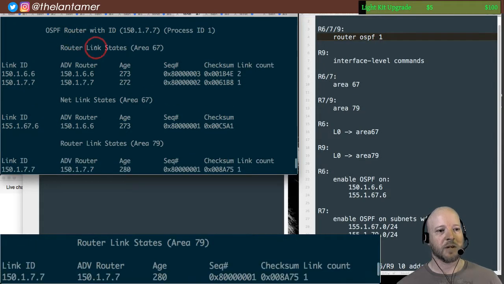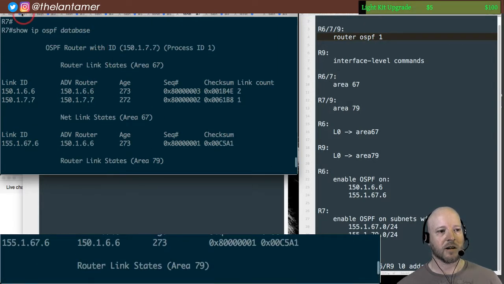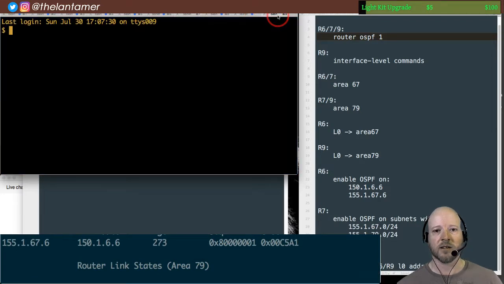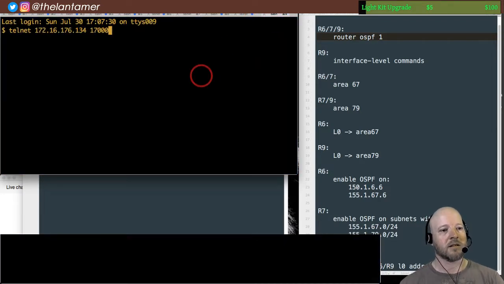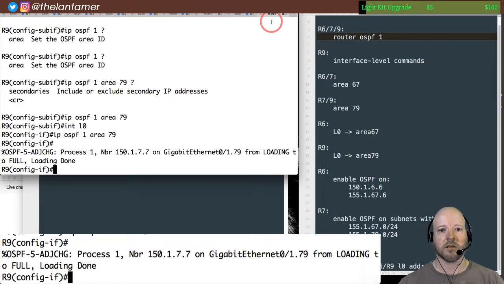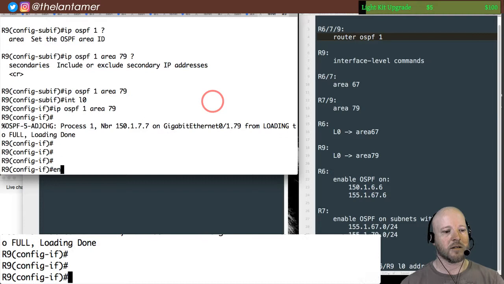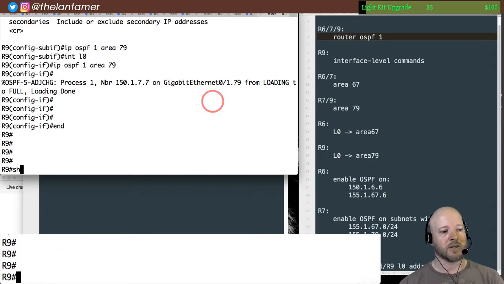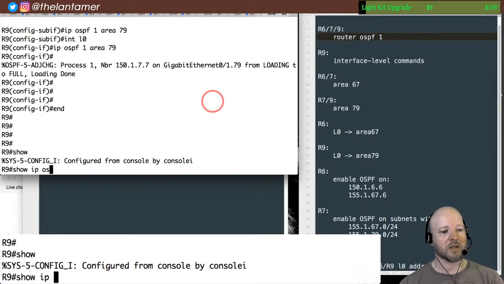So in the database, which they should all agree on, right? So if I go over to router 9, oh, actually, that needs to be router 10, doesn't it? Router 9, show IP OSPF database.